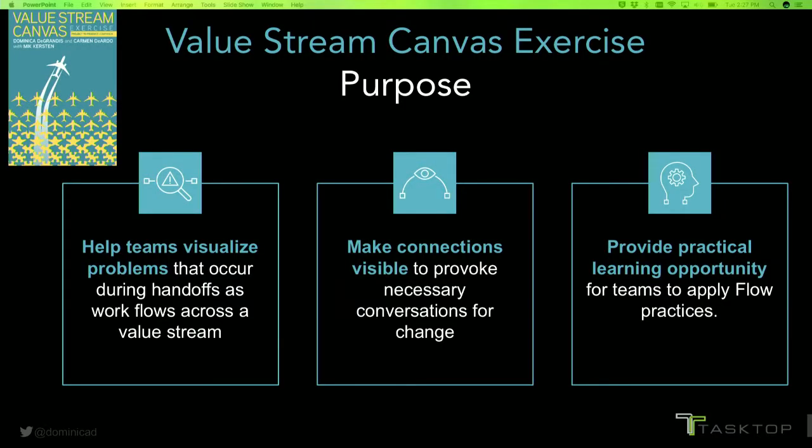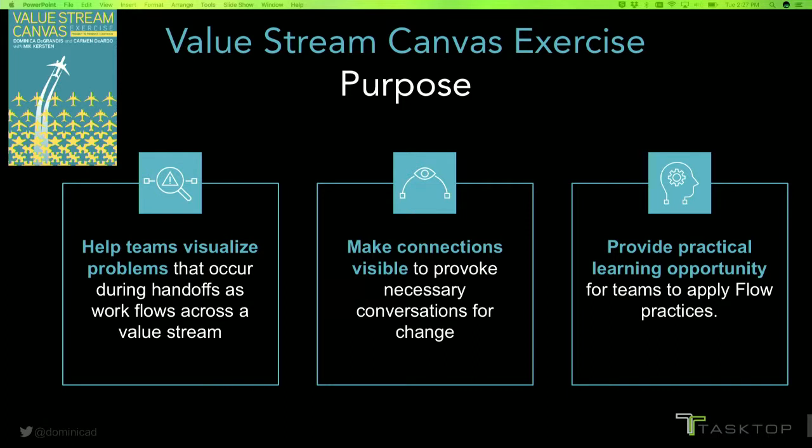OK, what to do about all this? So Carmen Diardo and I co-authored this. We call it the Value Stream Canvas exercise. And here's something for you to check out. We're really trying to help teams visualize the problems as work moves through the value stream.